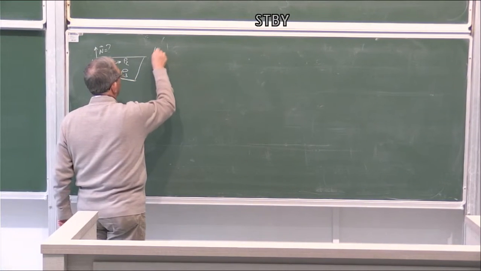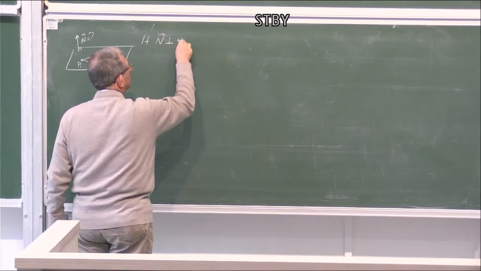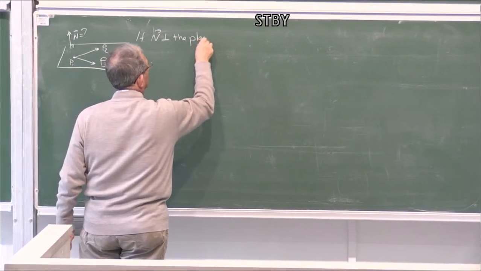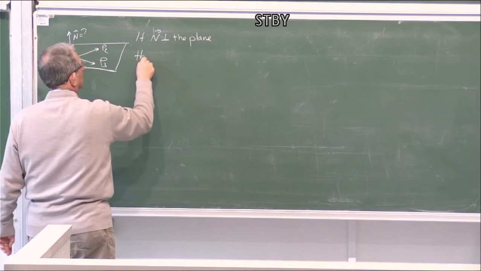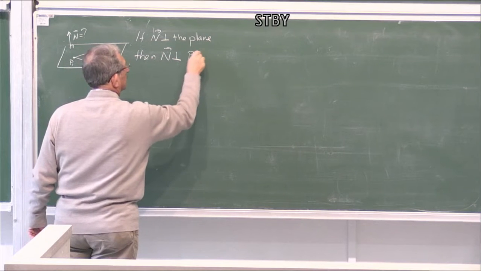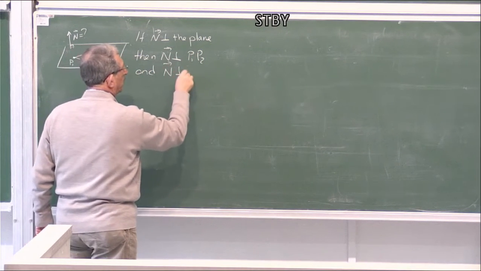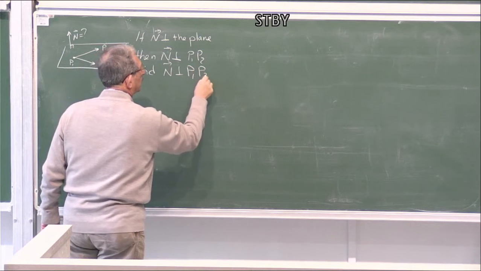So, if n is perpendicular to the plane, then of course n is perpendicular to P1, P2, and n would be perpendicular to P1, P3.